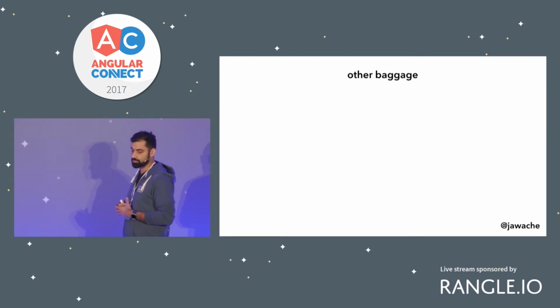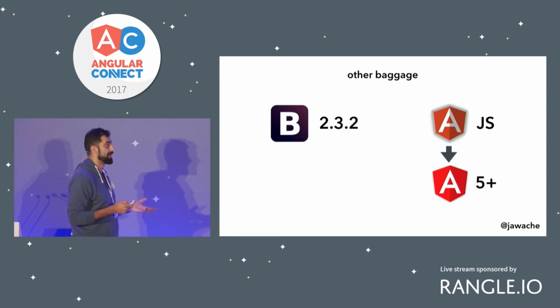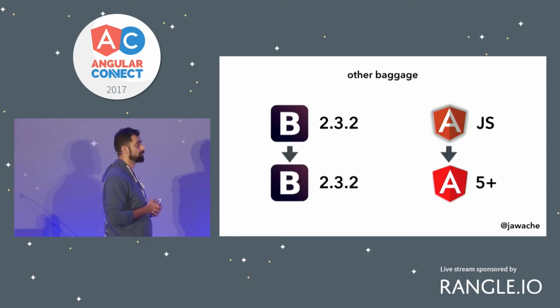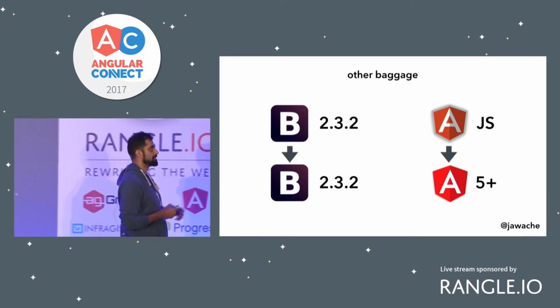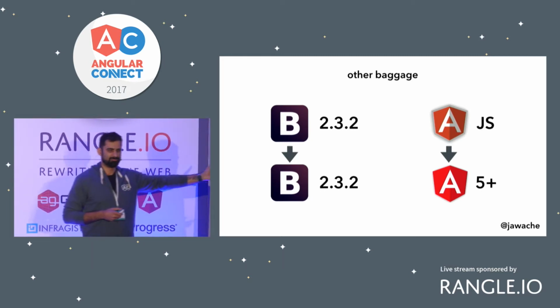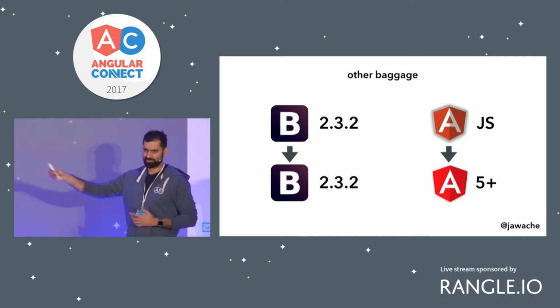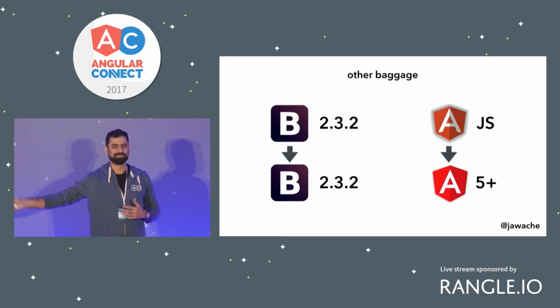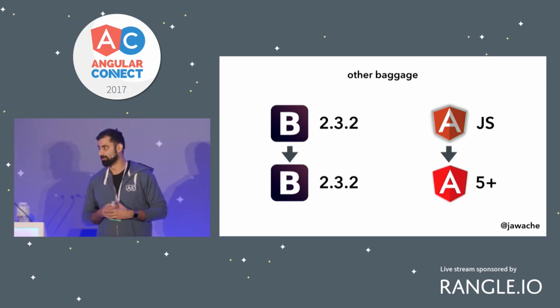So what are some of the solutions? Well, one of them is you just keep the baggage. So as you migrate your AngularJS application to Angular 5, you still keep Bootstrap 2. So now you have an Angular 5 application running with Bootstrap 2, which never really felt good to me. And I've worked with clients where we've had to go by this approach.